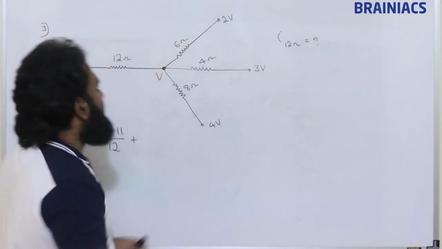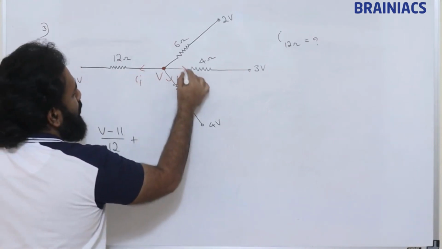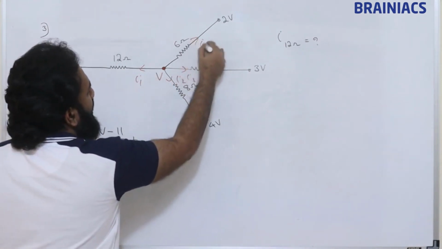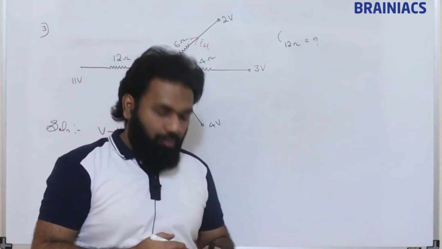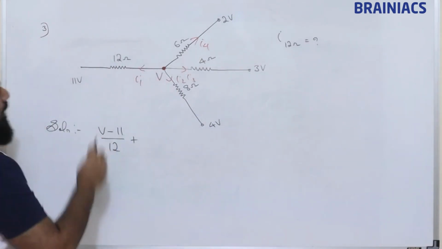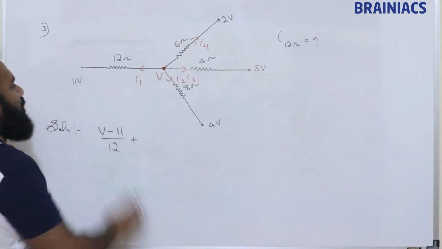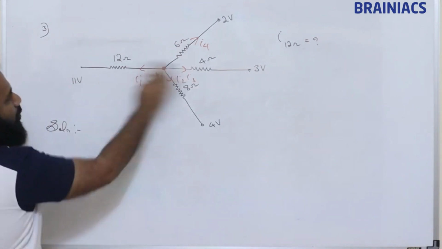Just for understanding, I am marking the currents I1, I2, I3, I4. Just do enough number of problems so that you will achieve tremendous pace. You will be able to solve the problems quickly.